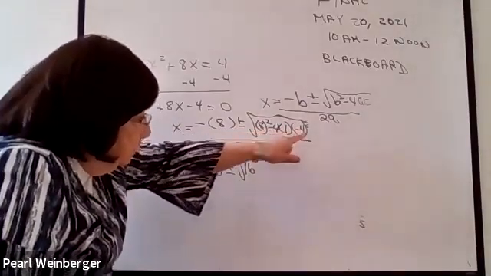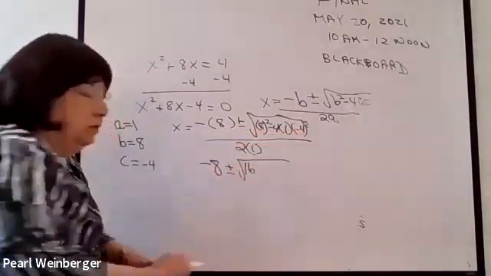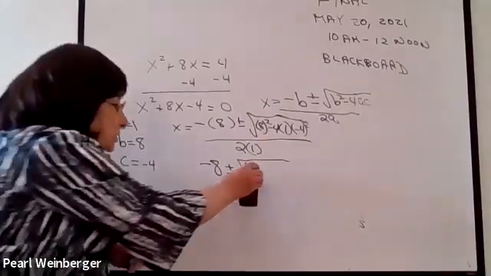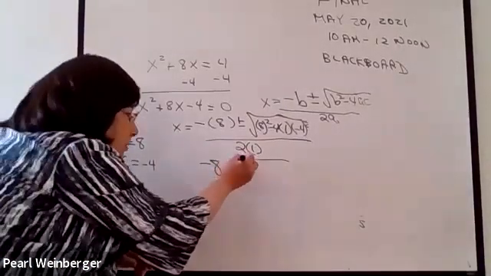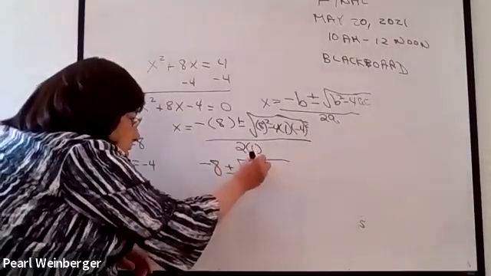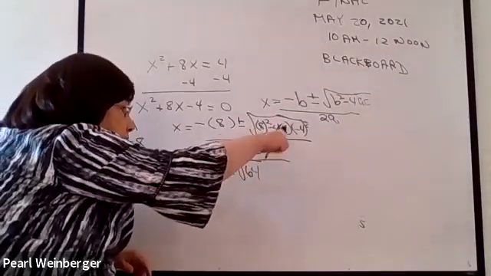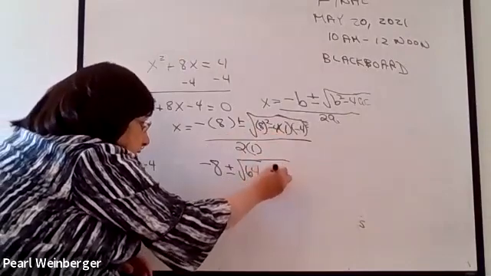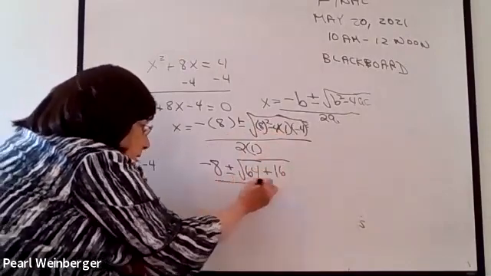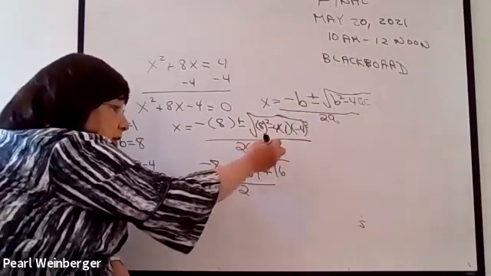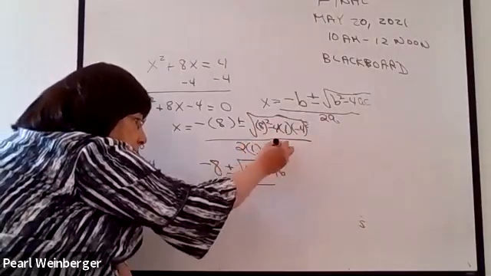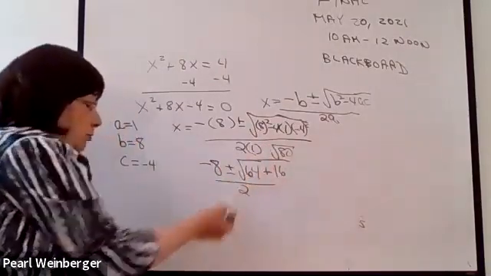I multiply all these three together, gives me, I'm sorry, 8 squared is 64. It's not 16. And the -4 times 1 times -4 is plus 16. And 64 plus 16 is 80. You just add those up.